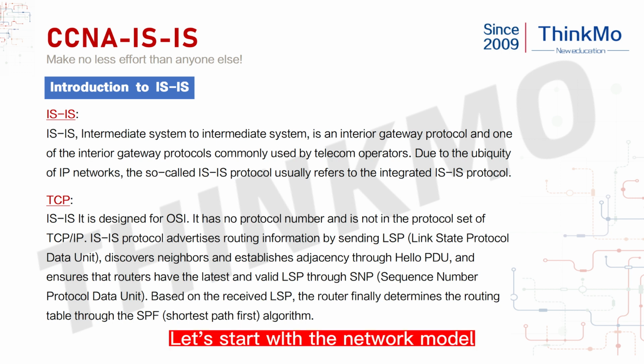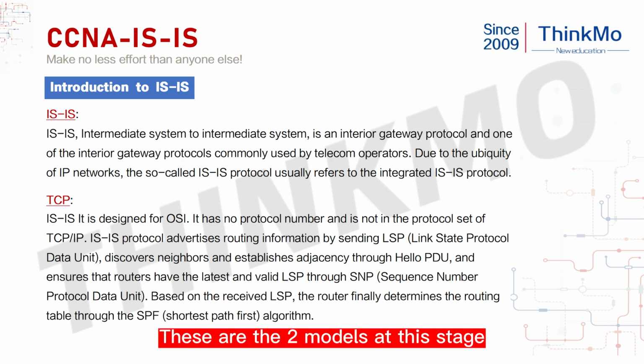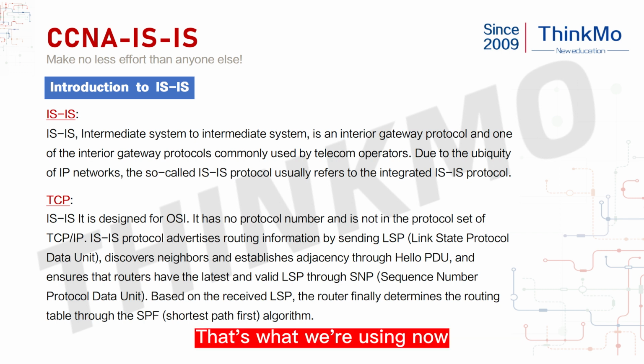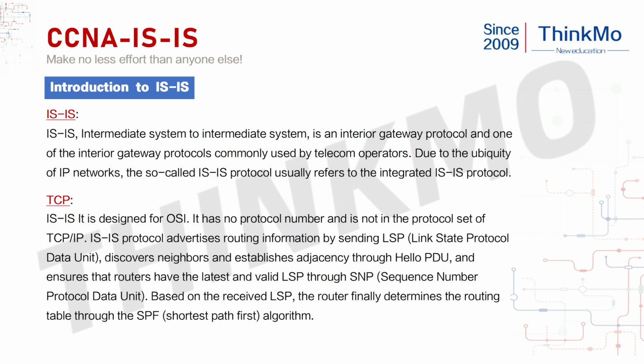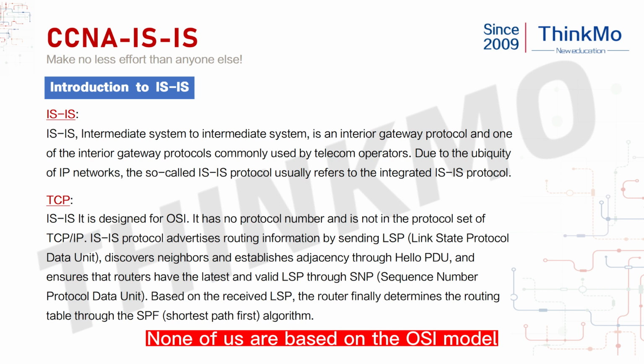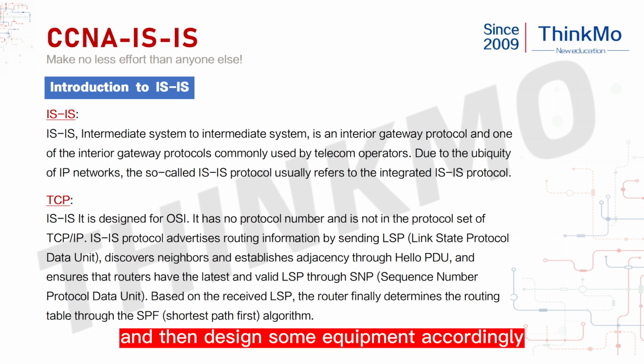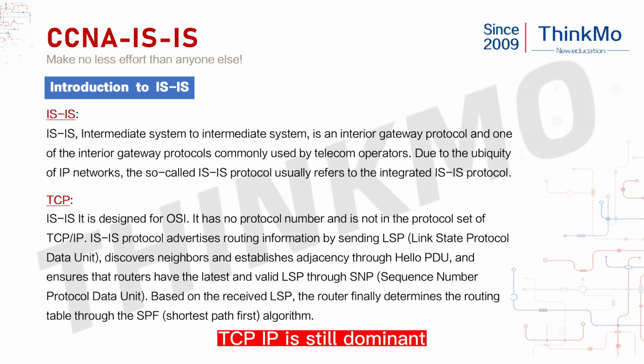Let's start with the network model. There are two models, though at this stage there's actually only one: the TCP/IP network model. That's what we're using now. OSI's 7-layer network model was defined by ISO in the early days, but right now it's just a model. None of us design networks and equipment based on the OSI model; TCP/IP is still dominant.